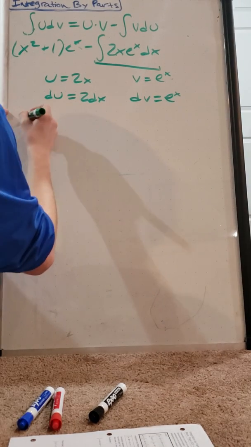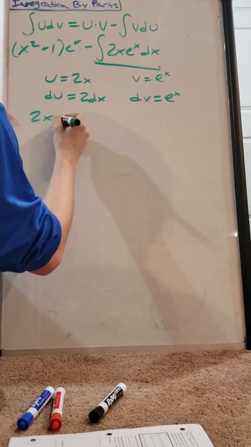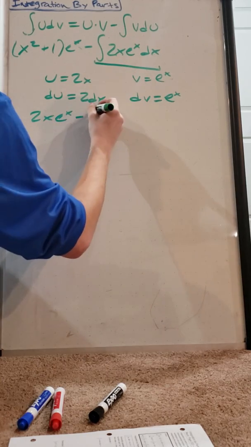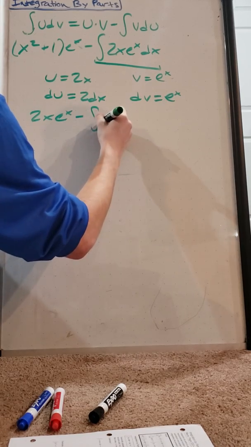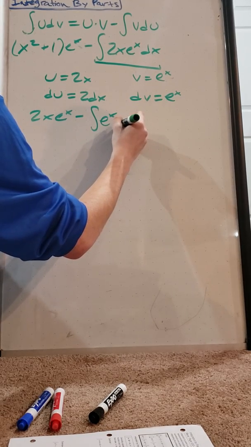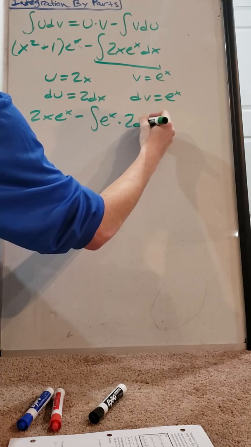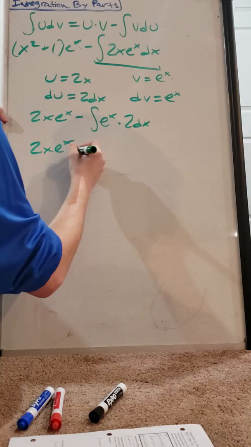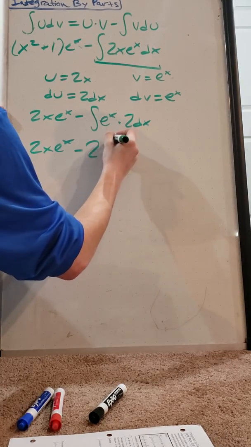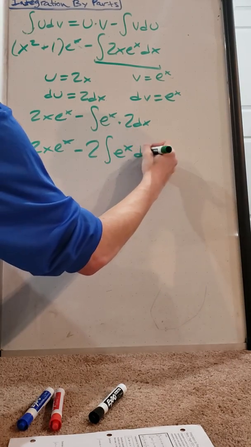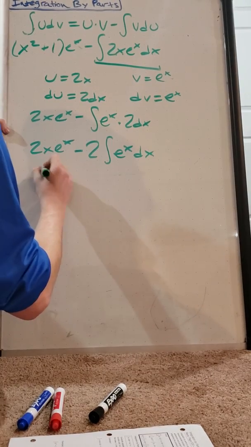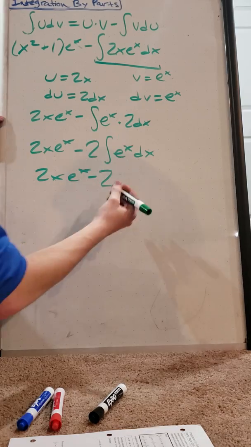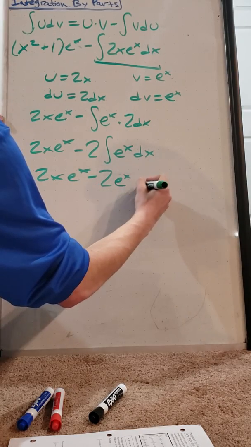We have u times v, which is 2x e to the x, minus the integral of v du, which is e to the x times 2 dx. We can pull out the 2, so it's minus 2 times the integral of e to the x dx, and when you integrate e to the x, you just get e to the x plus c.